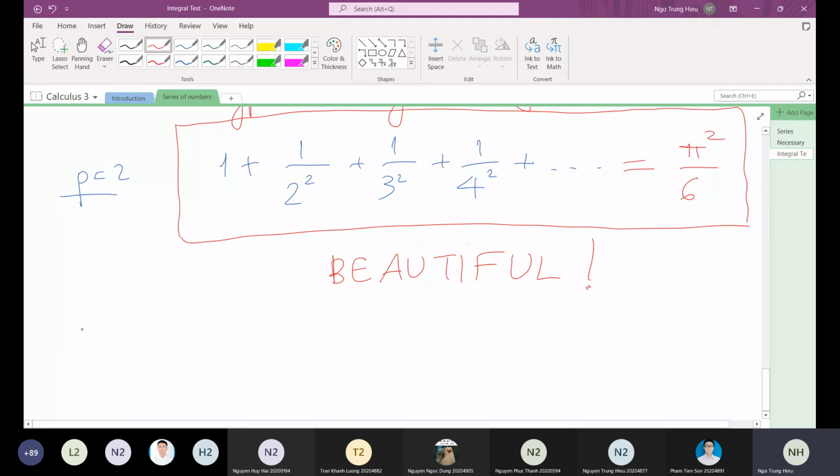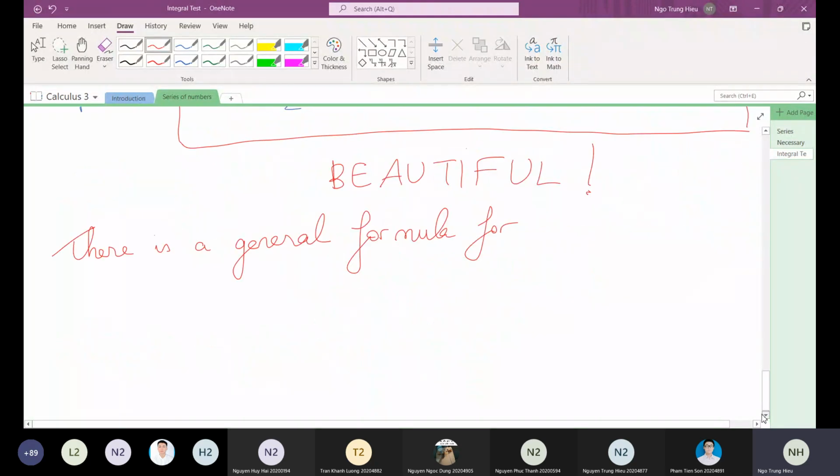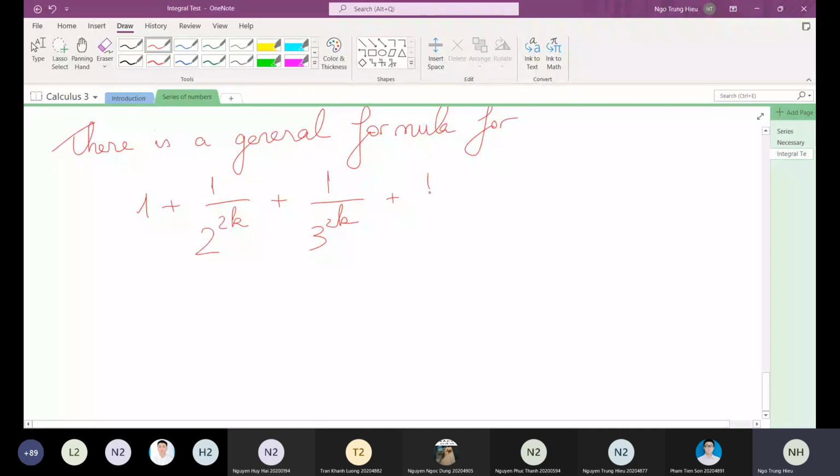I think there is a general formula for the series 1 over 1 to the 2k plus 1 over 2 to the 2k plus 1 over 3 to the 2k and so on.